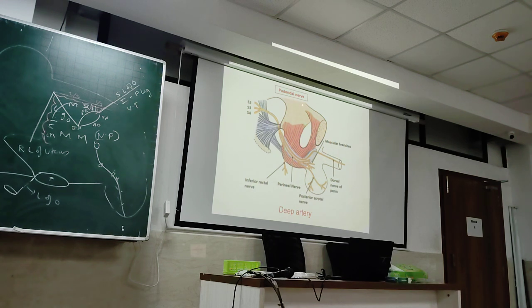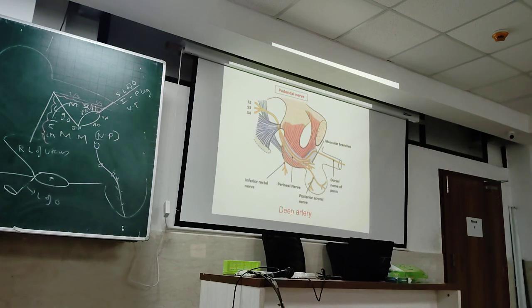Whatever are the branches of the pudendal nerve, there are corresponding branches of the internal pudendal artery. First there is the inferior rectal artery, then there is a perineal artery which gives posterior scrotal vessels and the dorsal artery and vein of the penis, and there are branches like the artery to the bulb, the deep artery and all those things.